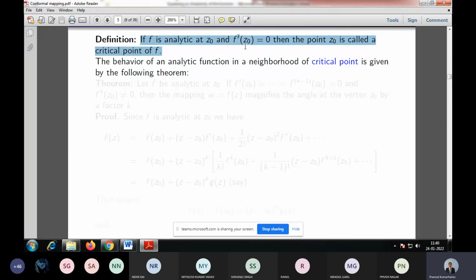In that case, the point at which f dash z is 0 is known as a critical point. The behavior of an analytic function in a neighborhood of a critical point is given by the following theorems. I have already discussed these theorems.